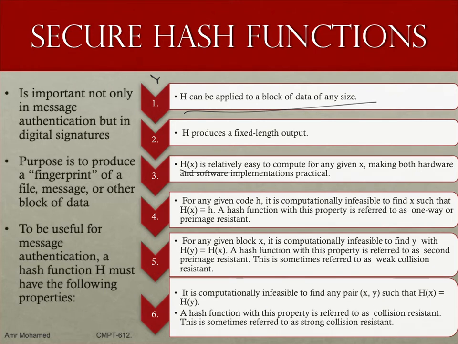Number 4 is very important here. For any given code or message digest H, it is computationally infeasible to find X such that H(X) equals H. If I give you a message digest, and even if you know all the alphabets that constitute a message, you can do all kinds of combinations to produce this value of the message digest.